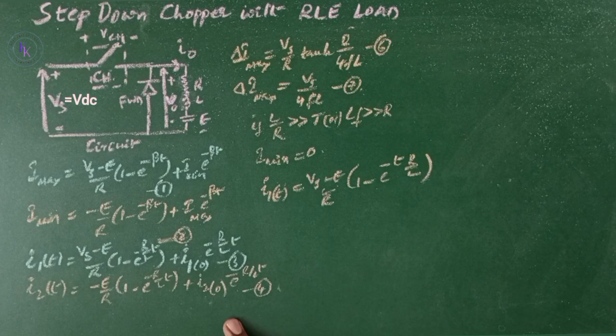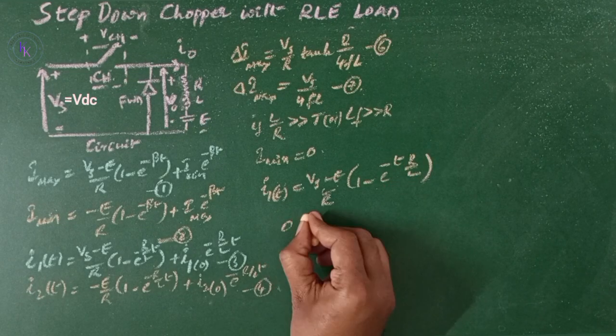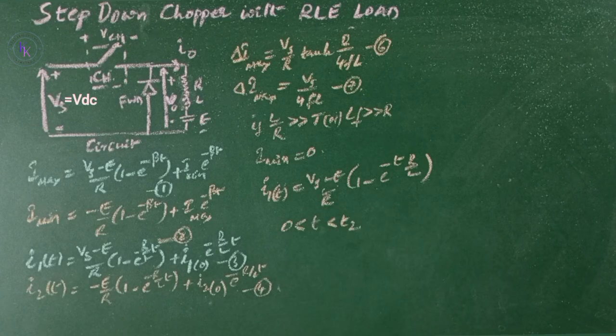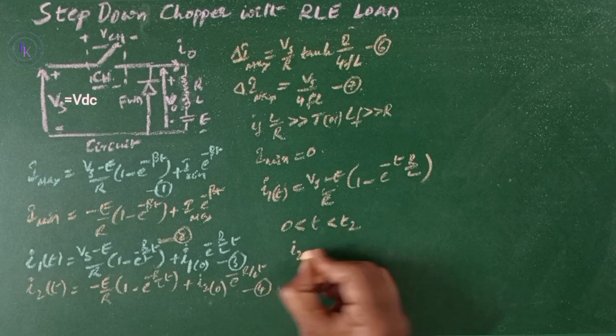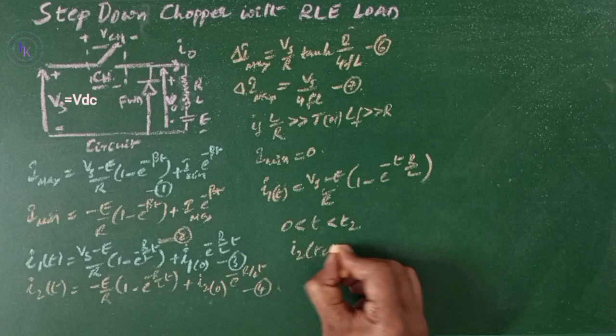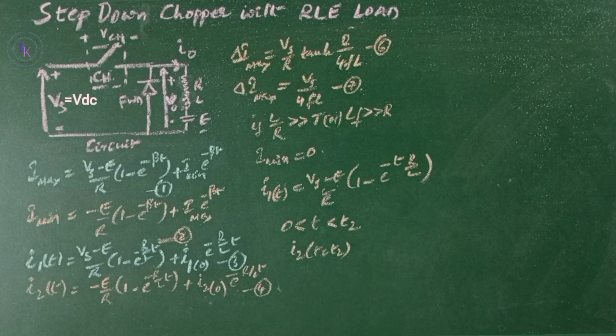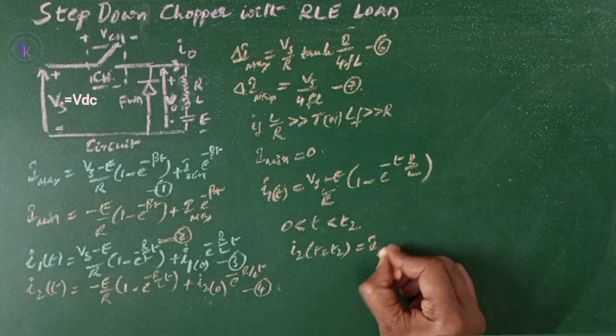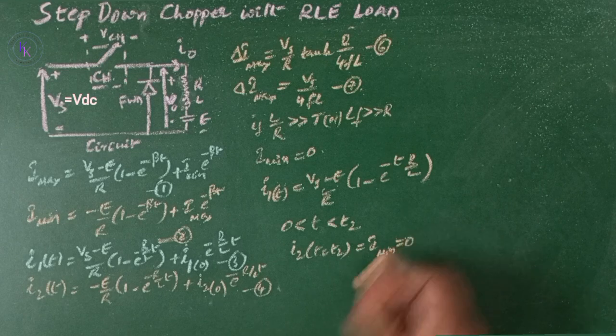And equation number 4 is valid for 0 less than t less than t2, such that I2 at t equals t2, which is nothing but the final value, equals I minimum, which equals 0.